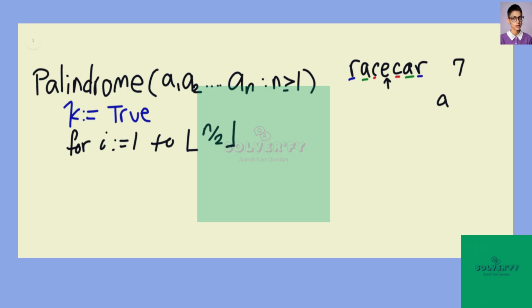If the ith symbol is not the same as the n minus i plus 1 symbol, we'll just change k to false, right? So what it's doing is saying, well, is the ith symbol the same as the n minus i plus 1 symbol, right?